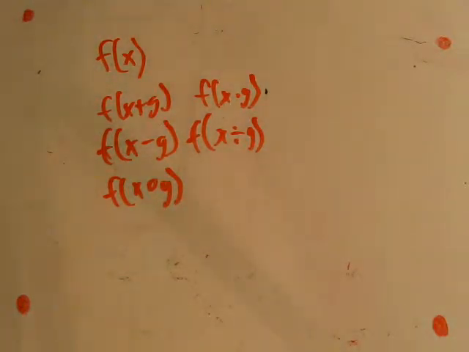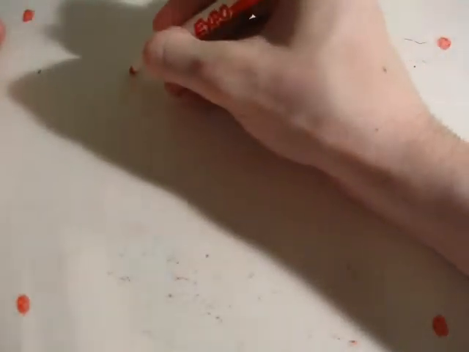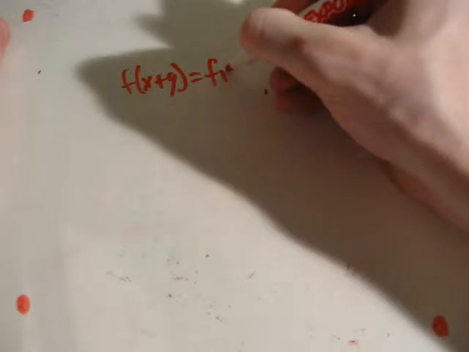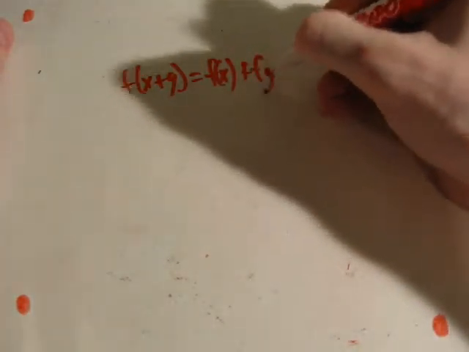Now, if you've got something like f of x plus g, what you're saying is f of x plus g is equivalent, basically, to f of x plus f of g.